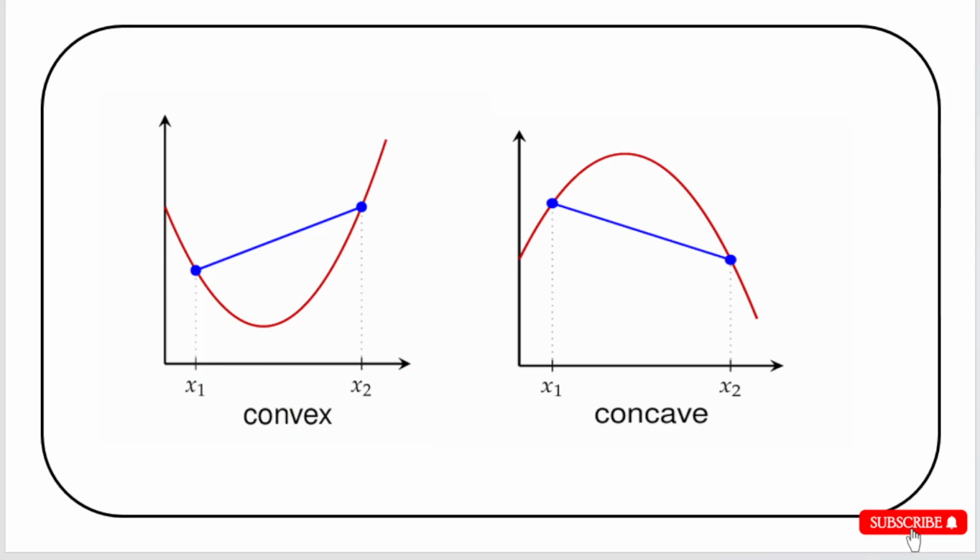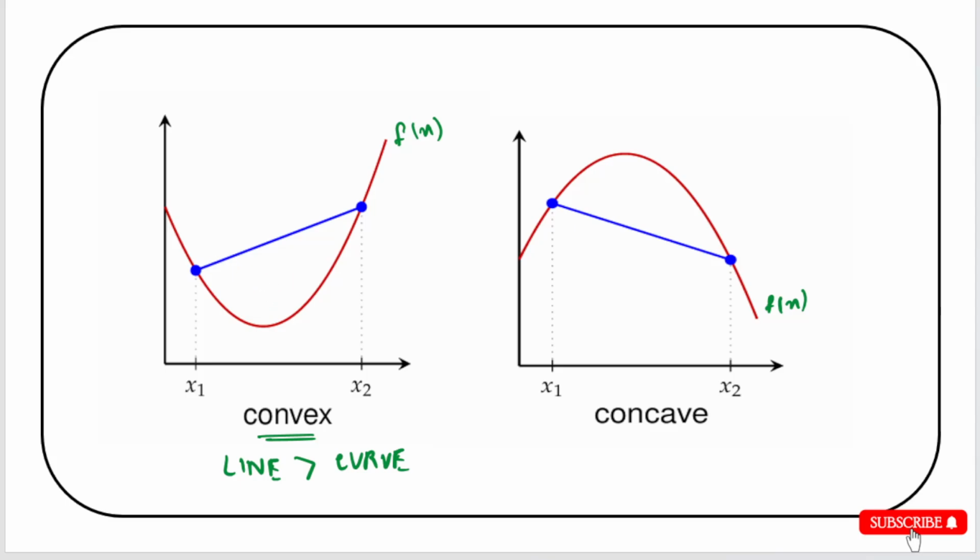Suppose you have this. If I have to say in layman terms, how do you identify a convex function and a concave function? You have this function f(x) here. If you take any 2 points on this function and join them by a straight line, and you notice that the line joining these 2 points is always above the function, if the line is greater than the curve or the function, then you will say this is a convex function, right?